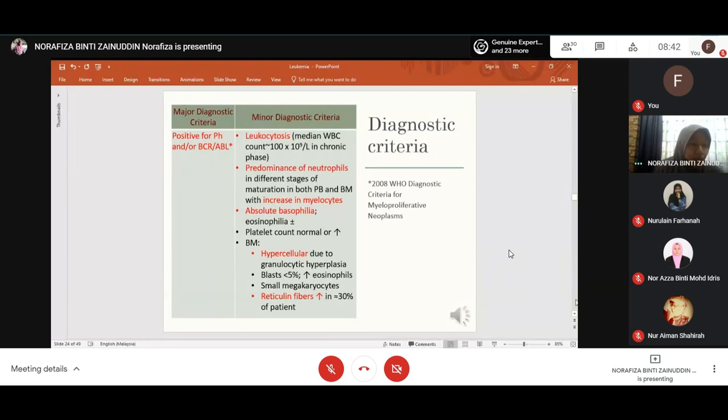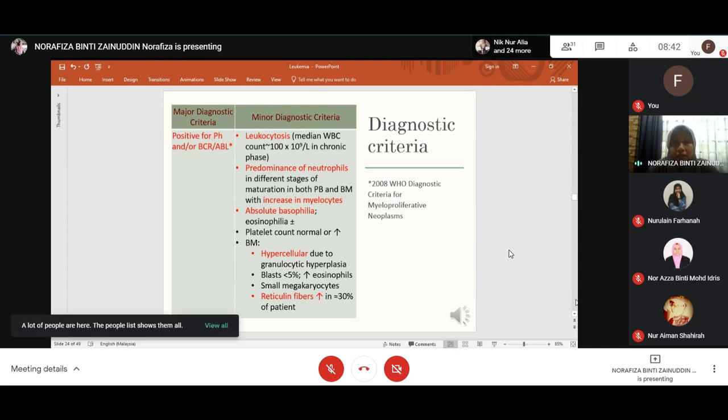So this is the major diagnostic criteria. If you want to diagnose chronic leukemia, you have to go for the presence of Philadelphia chromosome or the presence of BCR-ABL genes. The minor diagnostic criteria are leukocytosis.